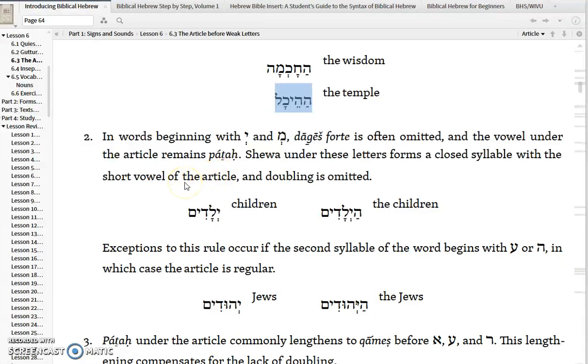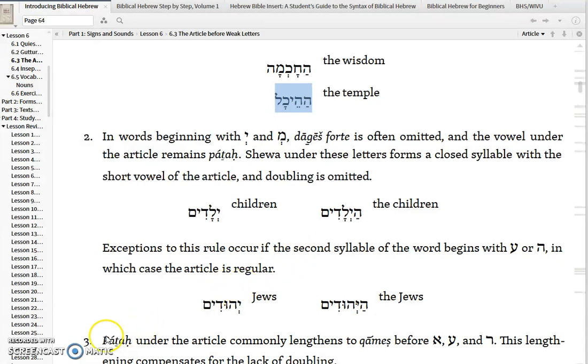Now, in the case of words beginning with yod with a shava or mem with a shava, the dagesh forte is often omitted. So here you have a yod with a shavah under it. The article should be hey with a patah and then a doubling of the yod. But very often, words that begin with yod shavah or mem shavah will lose their doubling.